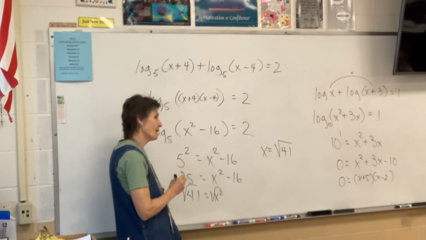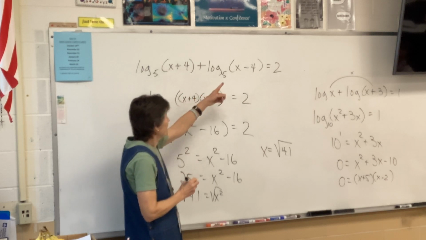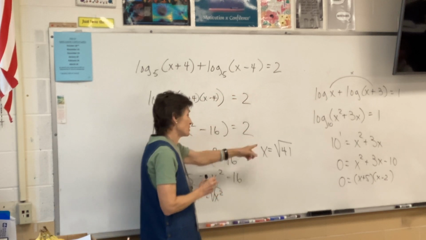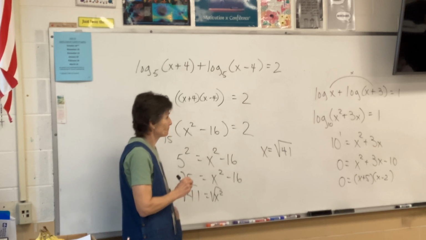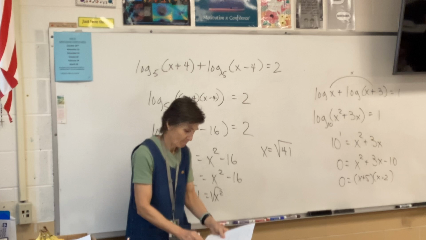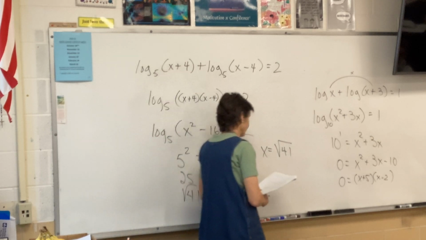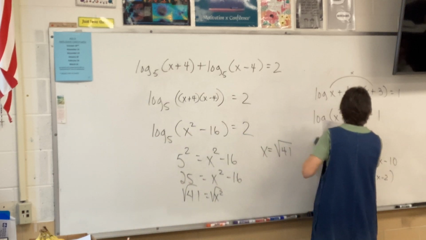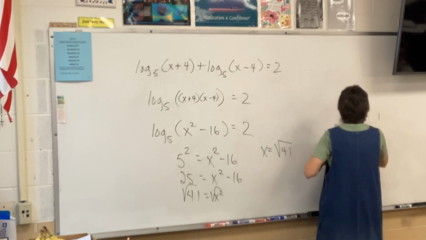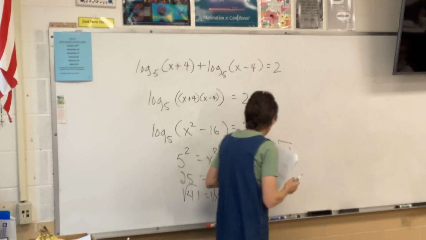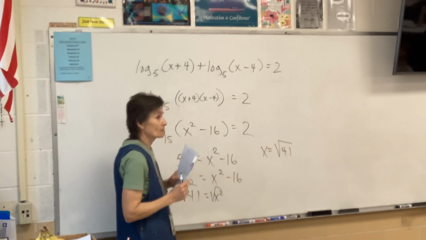Technically, it's plus or minus, but it can't be negative. So we're just gonna keep the positive square root of 41. Anybody have a question about that? I feel like I went through that one kind of fast.